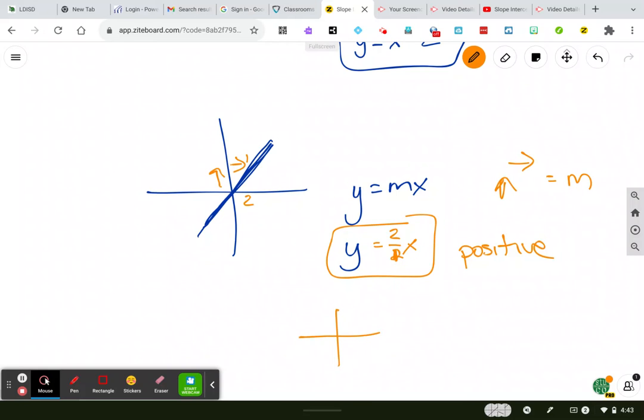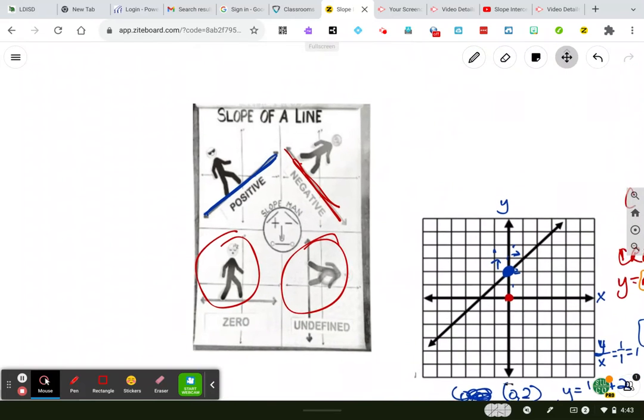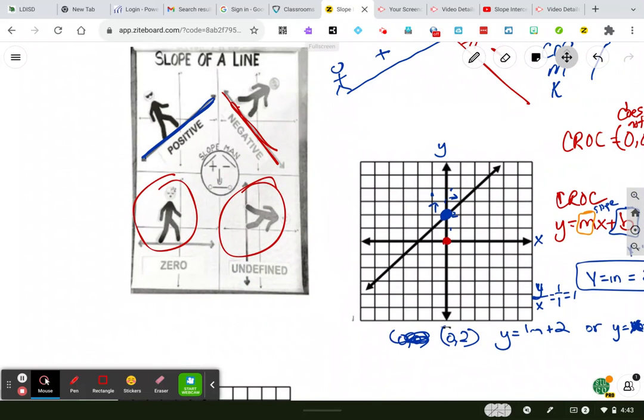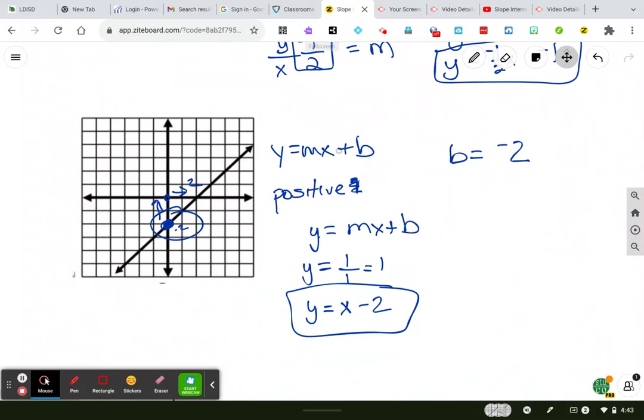If you've got a graph like this, if you go back and look at this little guy here, I hope you've drawn the picture. I would draw the picture so you know what positive, negative, and all that is. And you'll see that if it's going straight across, it's 0.